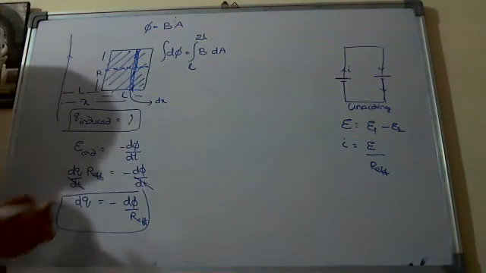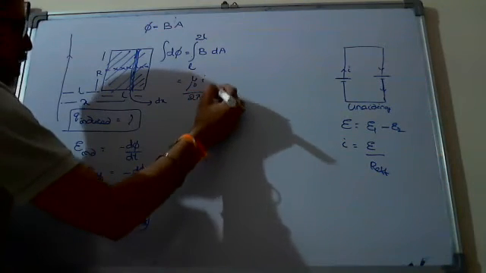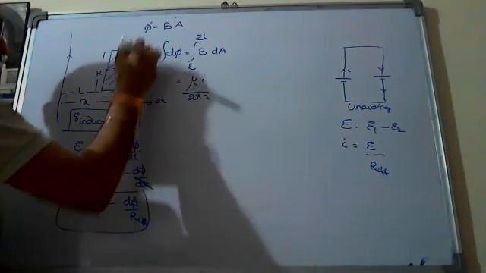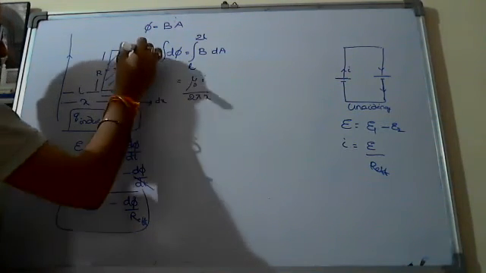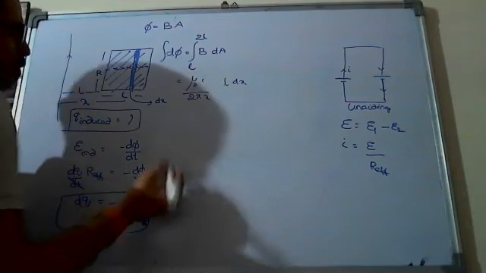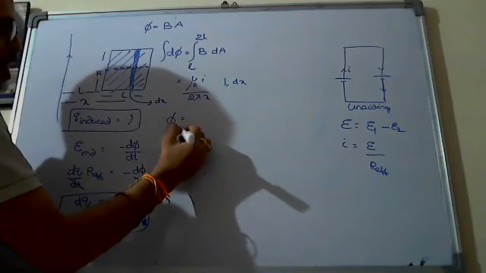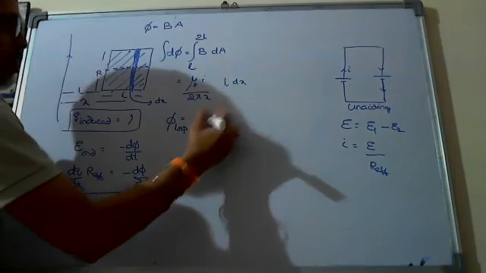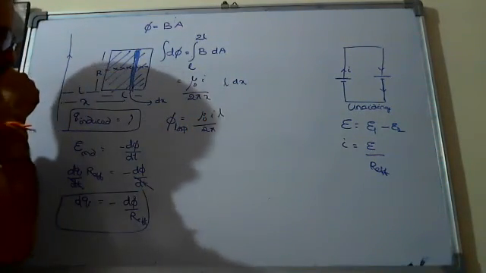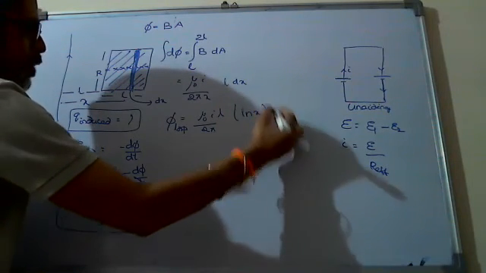I think you know how to solve. B is mu naught I by 2 pi x, into dA. The area of the small part is length into breadth. All sides are equal, so L into dx. Then the total flux linked to the loop is mu naught I by 2 pi into L into log x in the limits L to 2L.